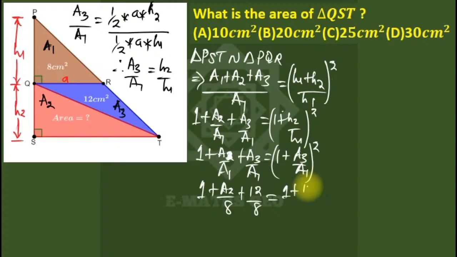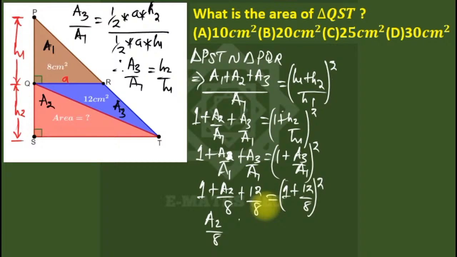So this A2 over 8 is 1 plus 12 over 8. Yes, 12 over 8 is 3 over 2. 1 plus 3 over 2. The same thing, 1 plus 3 over 2.